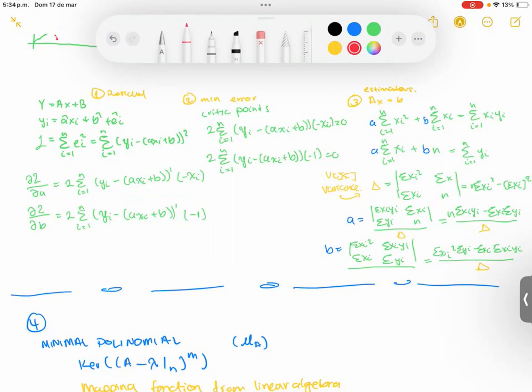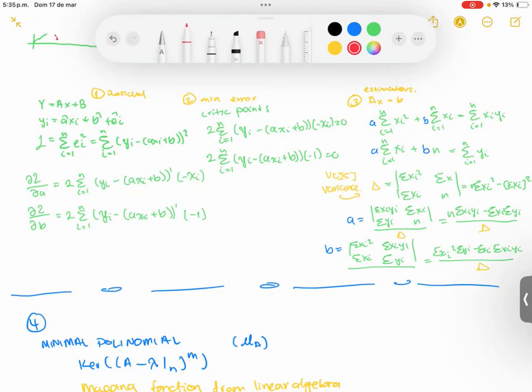Same case for b, where the output of the derivative will be -1, because it multiplies here and comes out of the function. That is the partial derivative with respect to b.